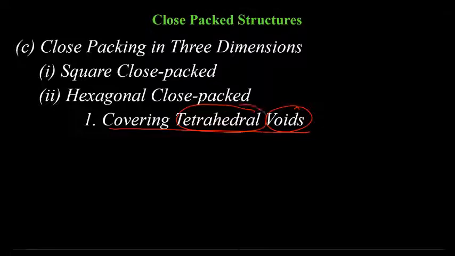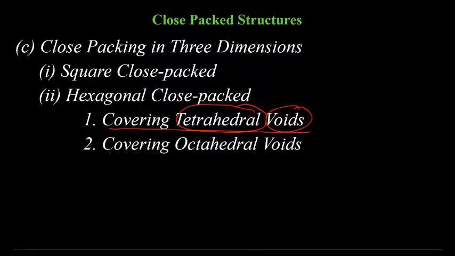We will be talking about in just few minutes if we have time. Then covering octahedral voids. Voids means gaps, means the gaps amongst the atoms, between the atoms, the free space. Then the shape of those voids, if it is tetrahedral, we will call it tetrahedral void. If octahedral, we will call it octahedral void.